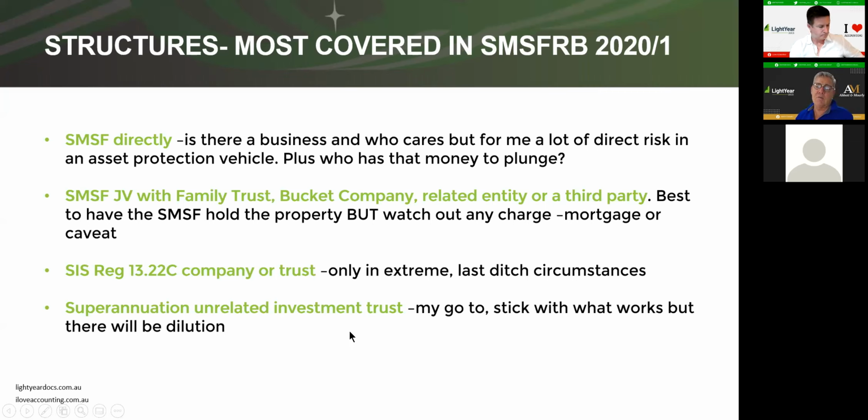A superannuation unrelated investment trust is simply the trust that we saw before, but I've built in some special purpose goals in there to make sure that there's not really an issue of going above that 50% threshold where we become an in-house asset from that perspective.